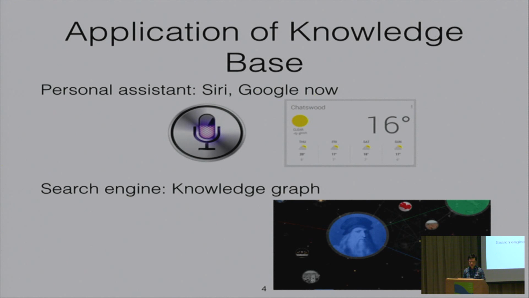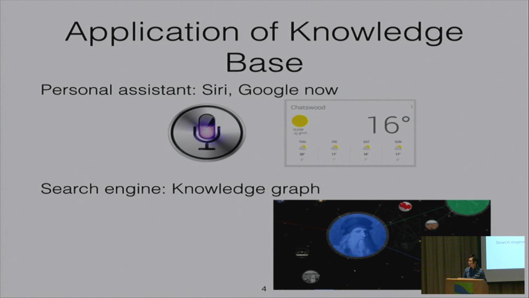Let's see some applications of knowledge bases. There are intelligent personal assistants on mobile phones, like Apple Siri or Google Now. Basically, they have a knowledge base at their backend, and you can ask questions by specifying a query or just providing your context information. They will try to answer your question by searching their knowledge base.